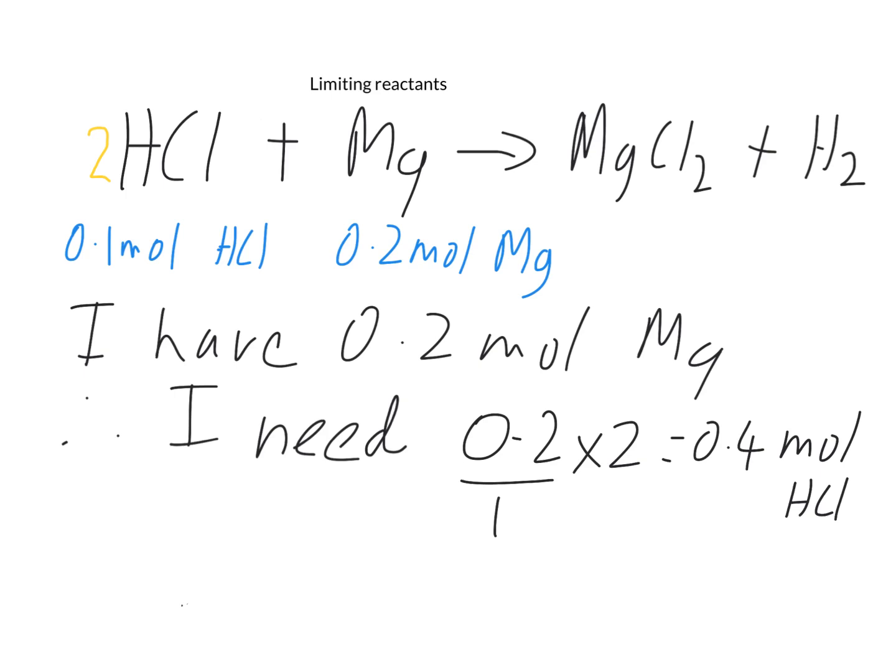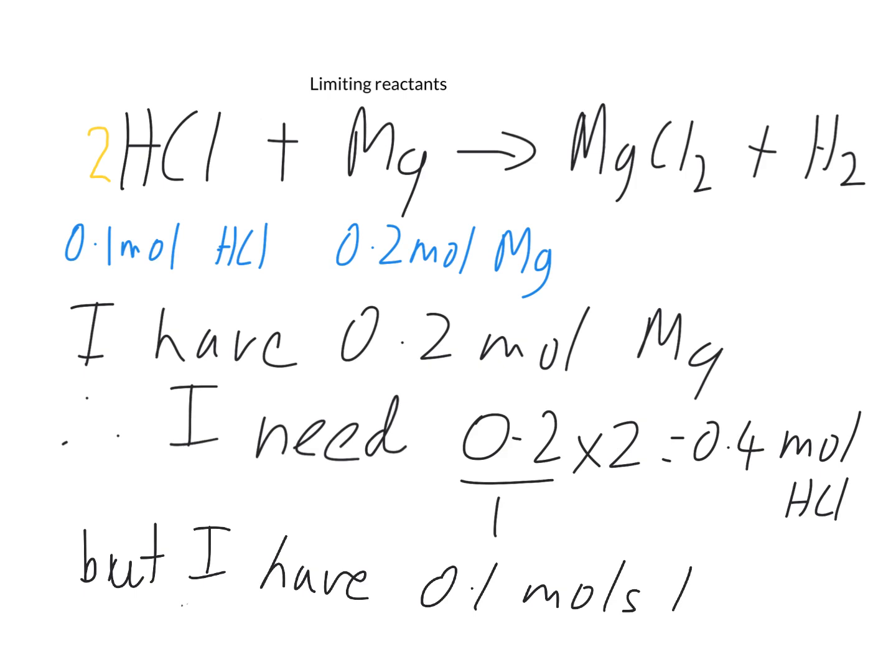When you do the I need column, you basically apply your molar ratios. Now, how much HCl do you actually have? You've actually got 0.1 moles. So you could say, I have 0.1 moles HCl.